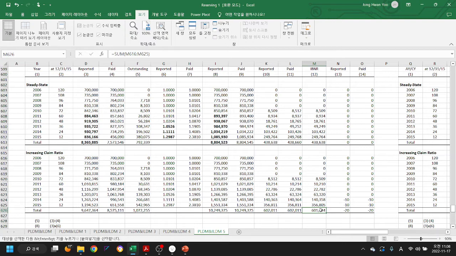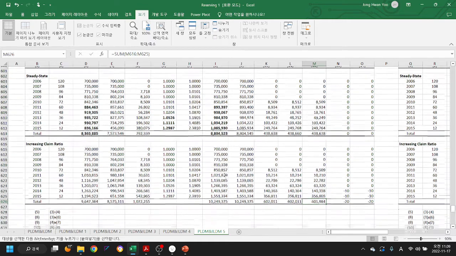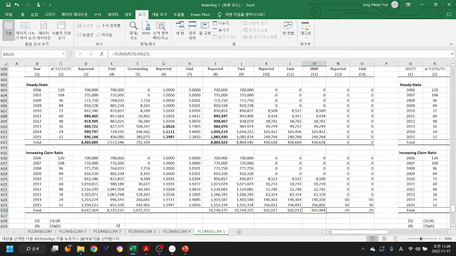So what it says is that in the real world, we are worried about the increasing claim ratio, but in terms of IBNR estimation, it won't change anything, right? So that is another set of story.